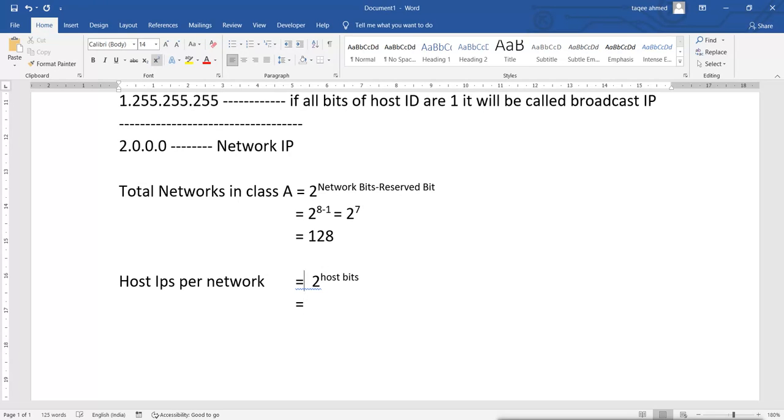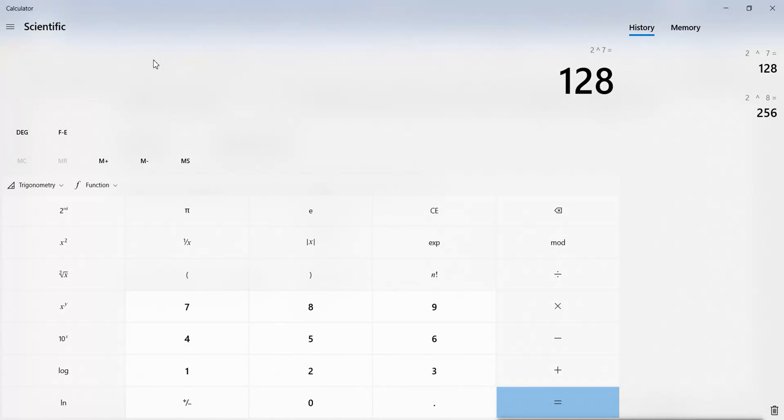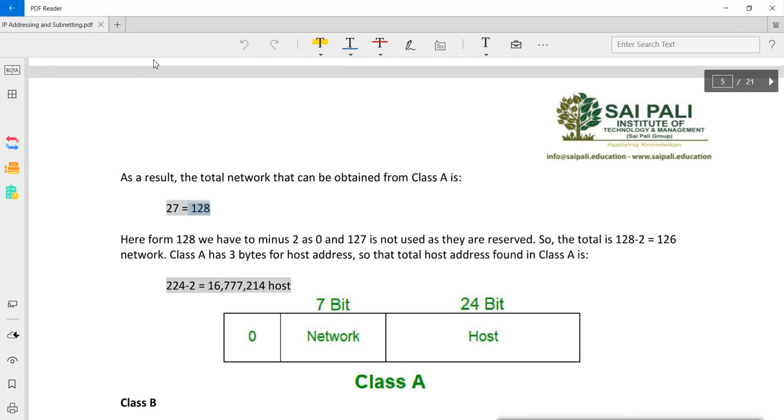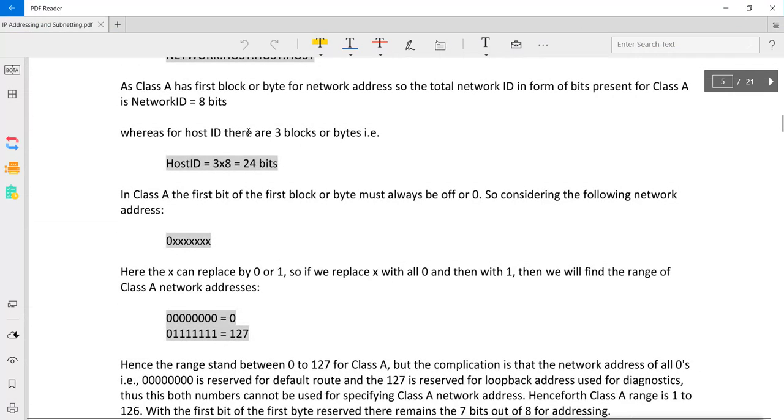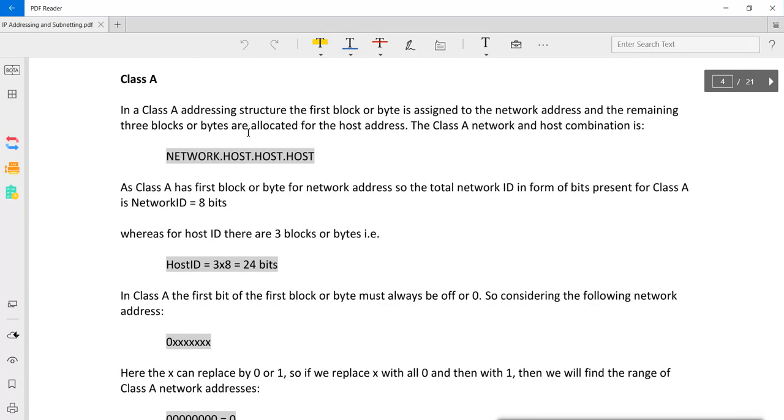So we can say it is 2 raised to, now how many host bits do we have? We know that after the first part is the network part, and that is 8 bits.